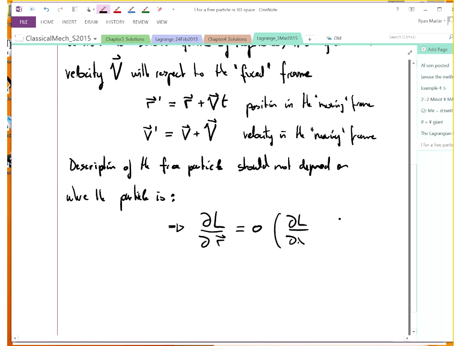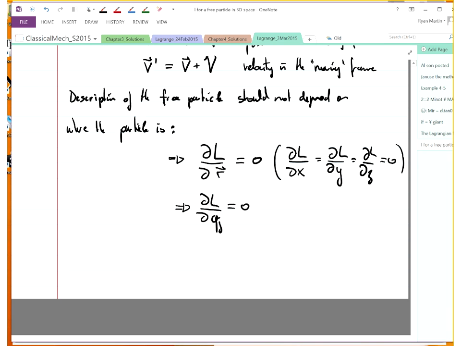And that's the same if I do it, let's say r is in Cartesian coordinates, as saying ∂L/∂x, or ∂L/∂y, or ∂L/∂z, all of those should be equal to 0. So basically, ∂L/∂q_j should just always be 0. It should never depend on the value of the coordinates, because it doesn't depend on space. Okay?